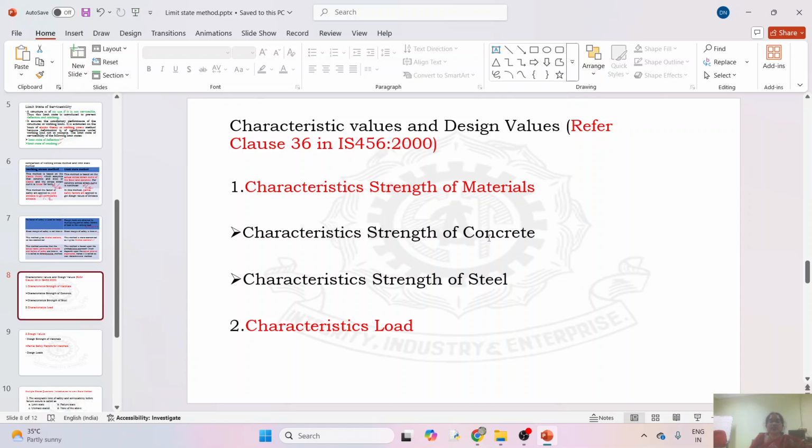So characteristic strength of steel and of concrete is given in Table 2. For steel, the minimum yield strength is considered for mild steel, or for HYSD bars 0.2% proof stress is considered as the characteristic strength of the steel. And the characteristic loads also we have discussed. As per the codal provisions, we have considered dead load, live load or imposed load, snow load, wind load, everything based on the codal provisions.